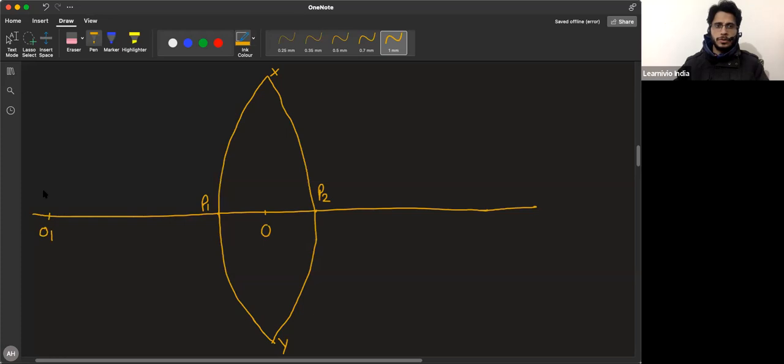So from this object, you can incident a light ray here. This is your incident light ray. This is the center of curvature C1.